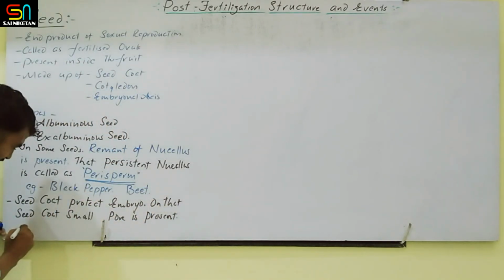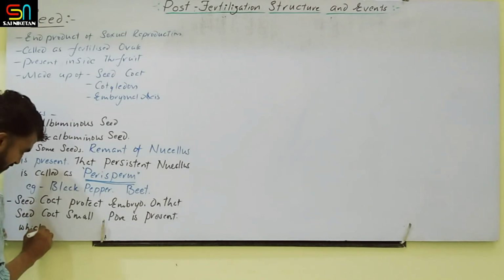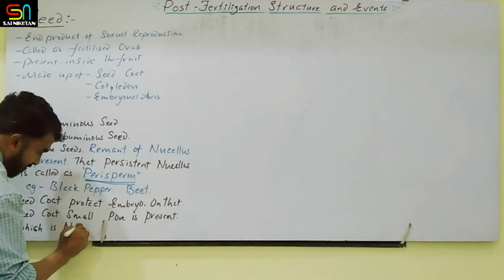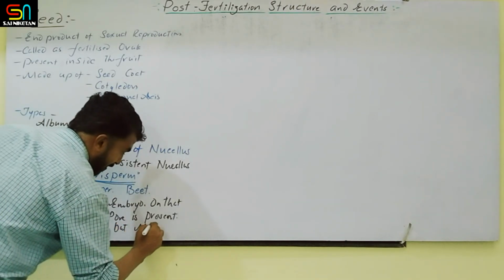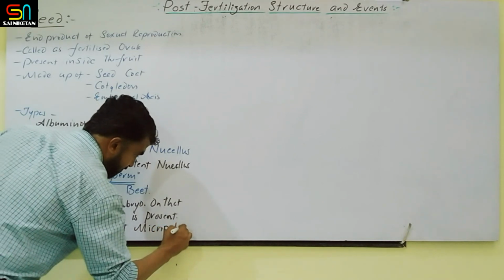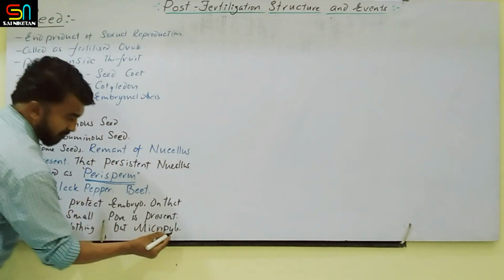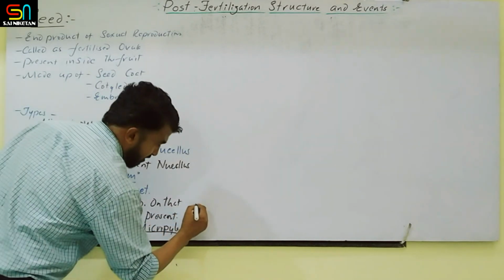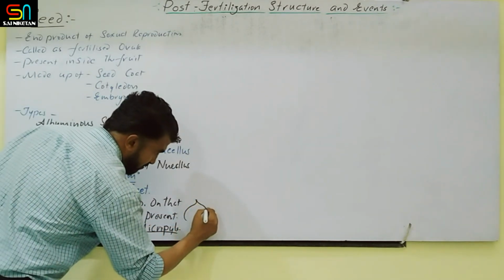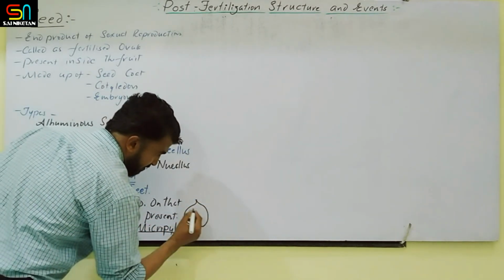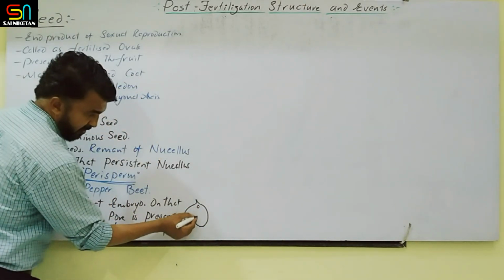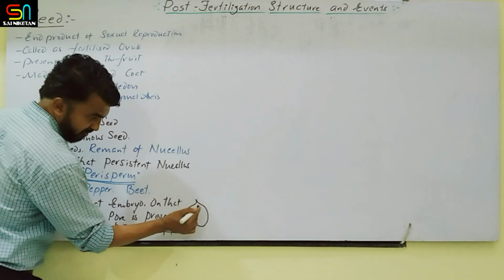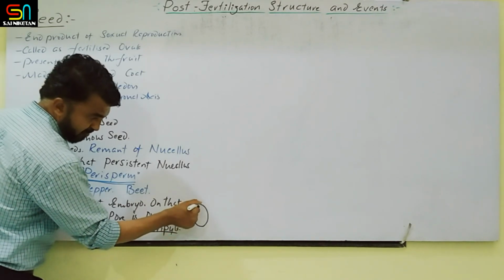That pore is called the micropyle. So when you observe the chana, you can see a small pore. Clear? So here it is a micropyle.